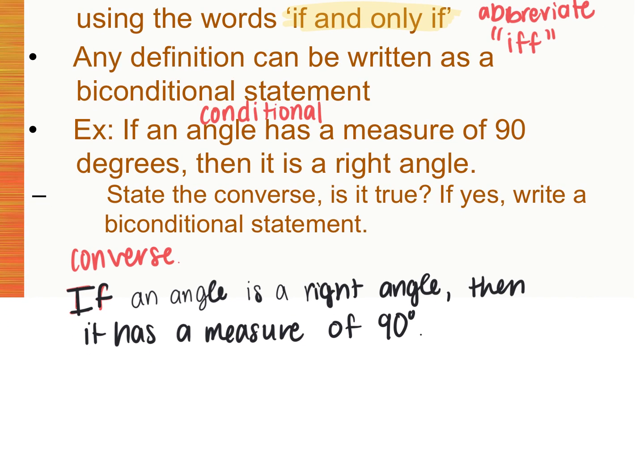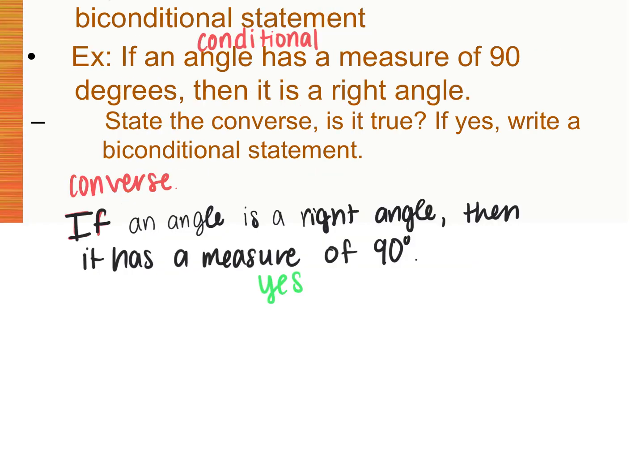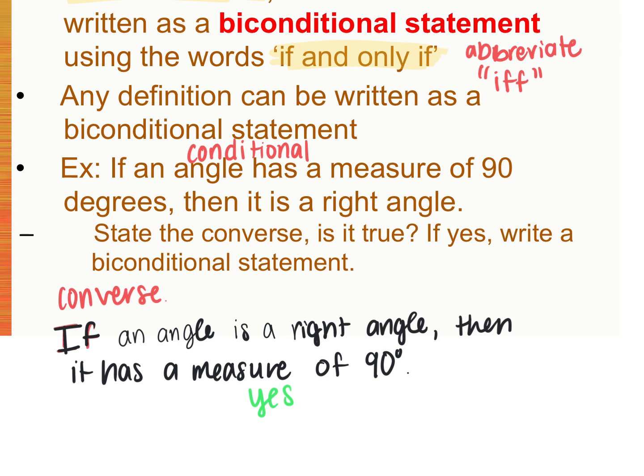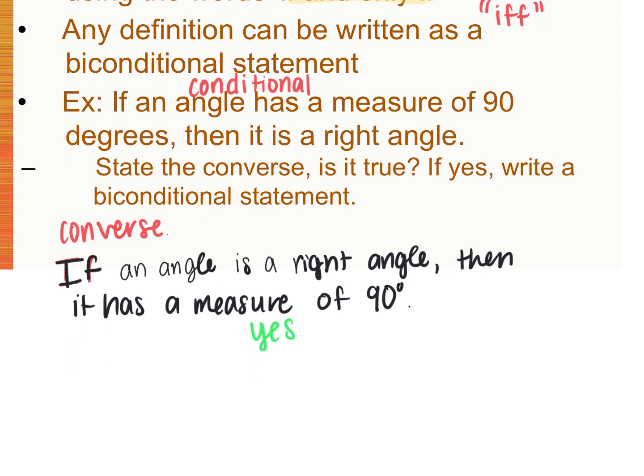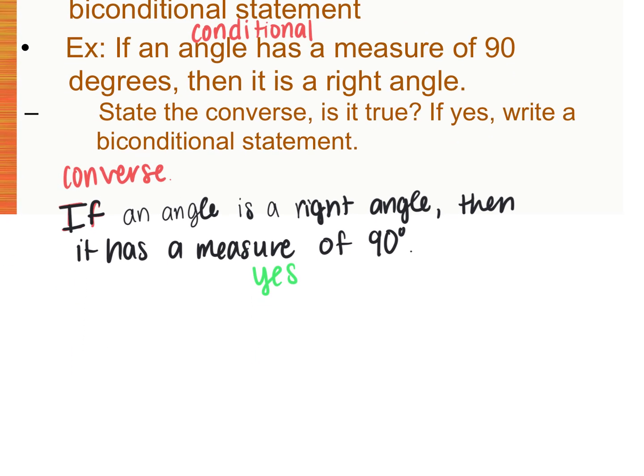So this is my converse. Is it true? Yes, it is. So we stated that both my conditional and converse are true. I'm going to go ahead and write my biconditional statement.